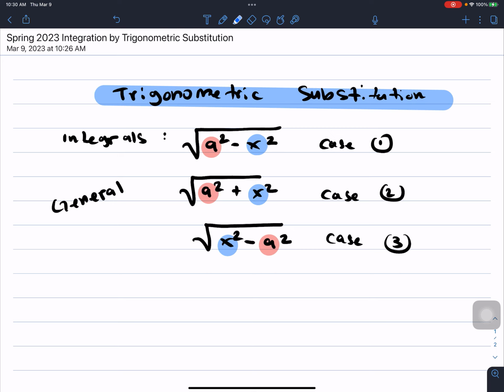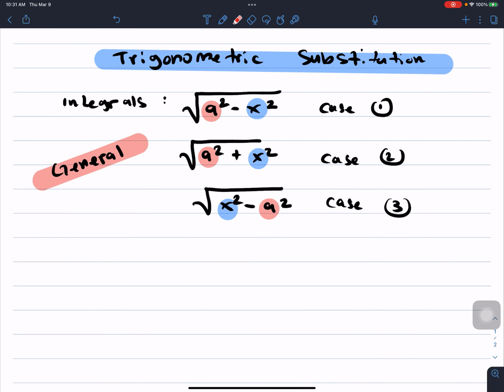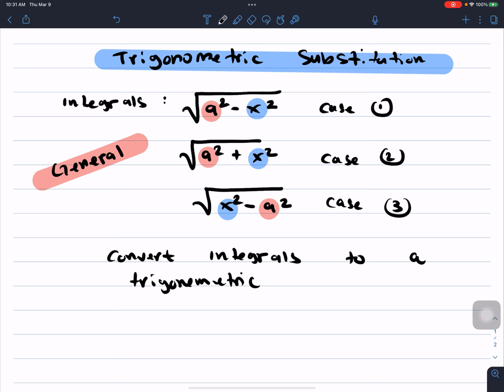Generally speaking, we're going to look at how to do this. Now, what happens is this: your trig sub essentially converts these integrals to a trig integral, the stuff that we've been learning.